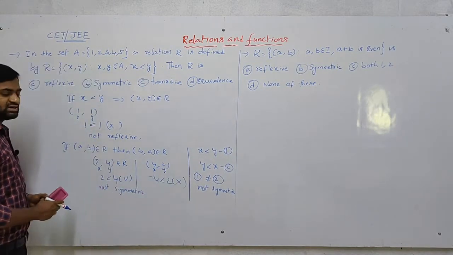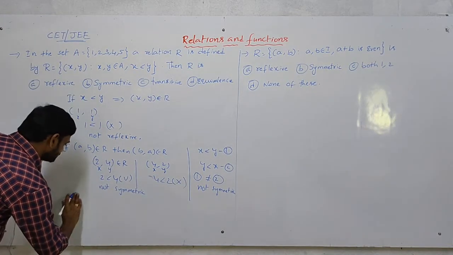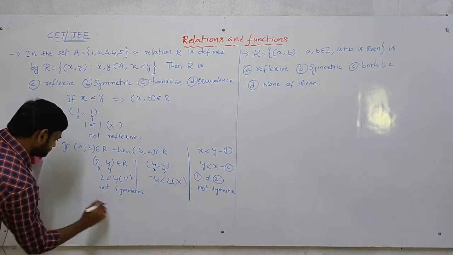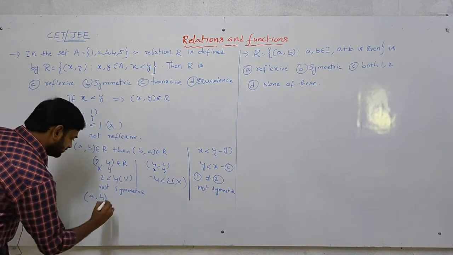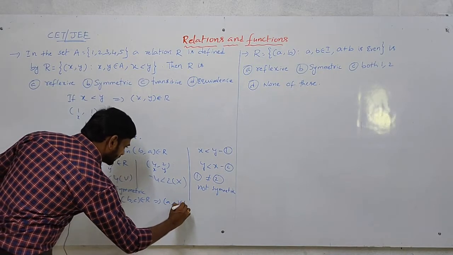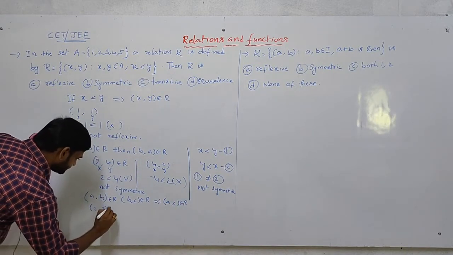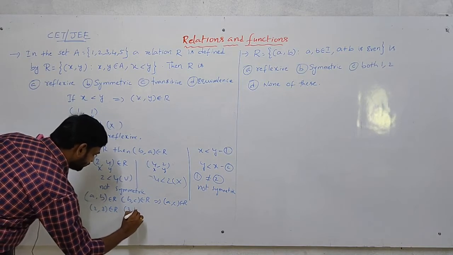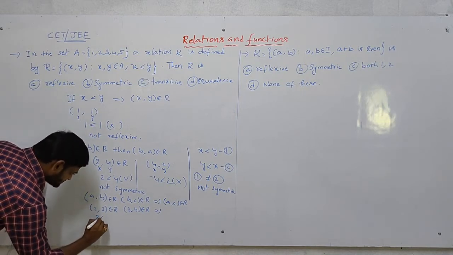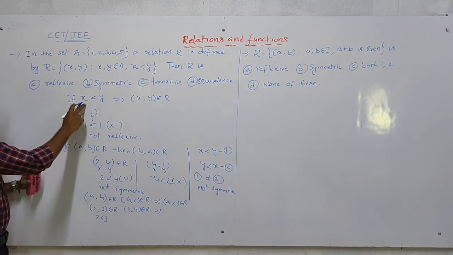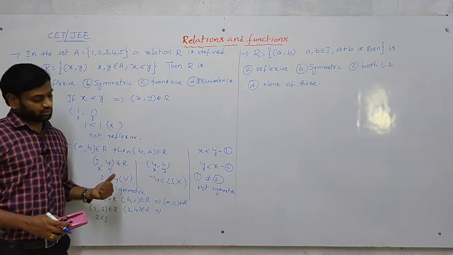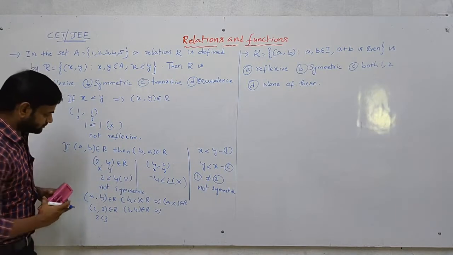Next, what about transitive? Check once. I will take two ordered pairs: (a, b) belongs to R, (b, c) belongs to R, then (a, c) belongs to R. So I am taking (2, 3) and next (3, 4). Is 2 less than 3?